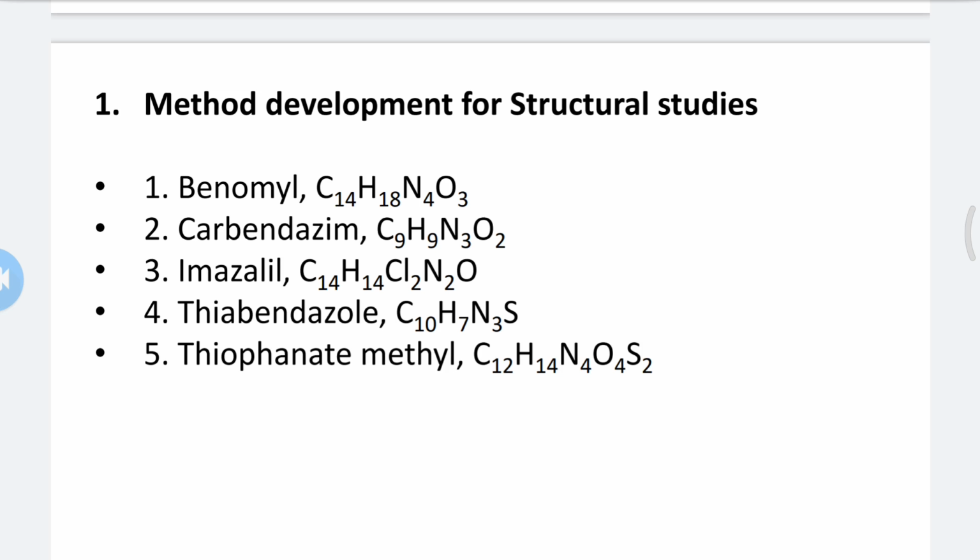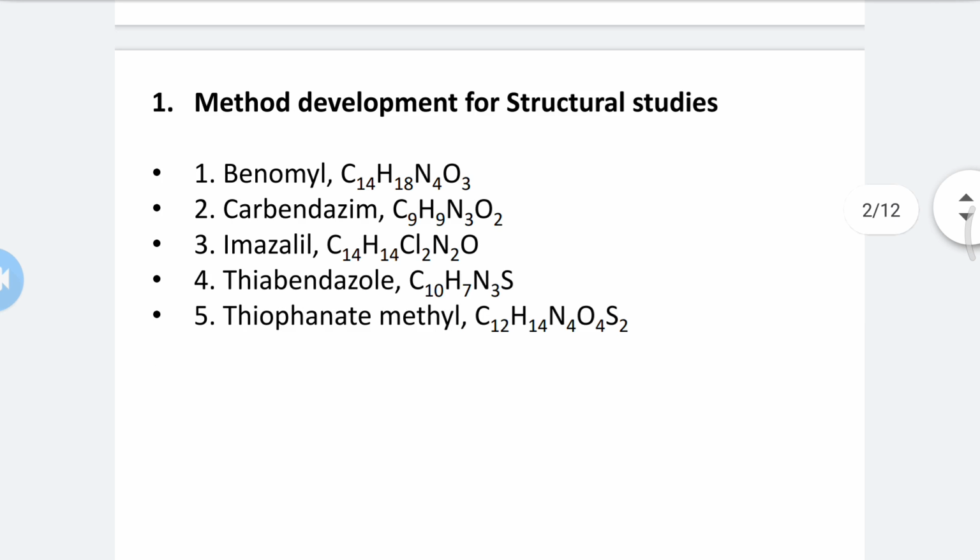These 5 fungicides were reported for quantification, and are used to control post harvest decay in citrus fruits.